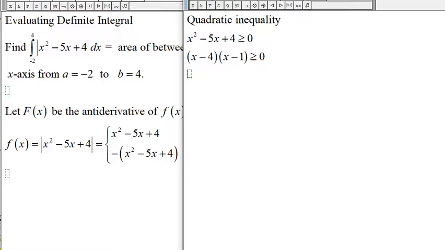Then write the corresponding equality. Now we're going to graph this, x minus 4 times x minus 1, and that will help us see where the graph is above and where it's below the x-axis.